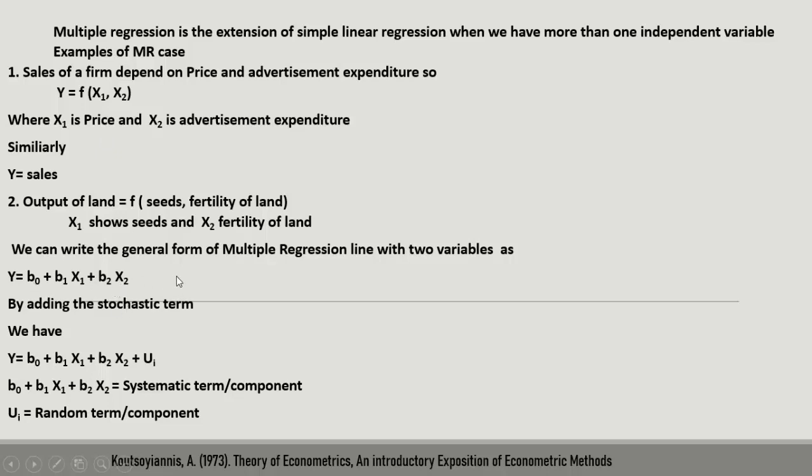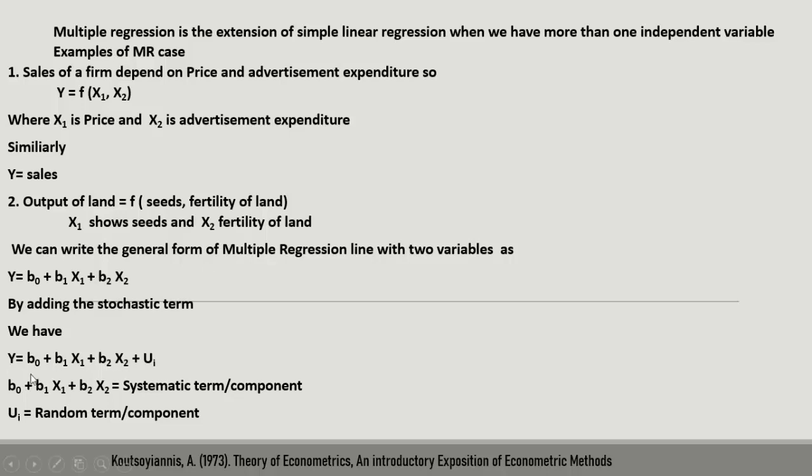But we know that there are other factors as well which can affect the dependent variable. In order to cover up all those missing factors, we can add the stochastic term or the random term. So the complete equation of the multiple regression model with two explanatory variables becomes y is equal to b0 plus b1 x1 plus b2 x2 plus ui.